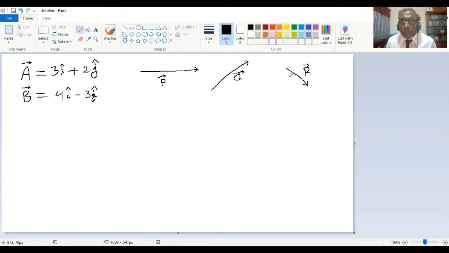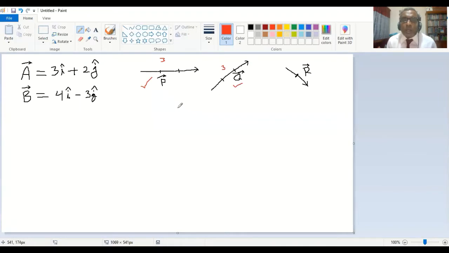Say for r we have 2 units. For q it is 3 units long, and for p it is also 3 units long. So the magnitude of p and the magnitude of q are the same, because this is 3 units and this is also 3 units.